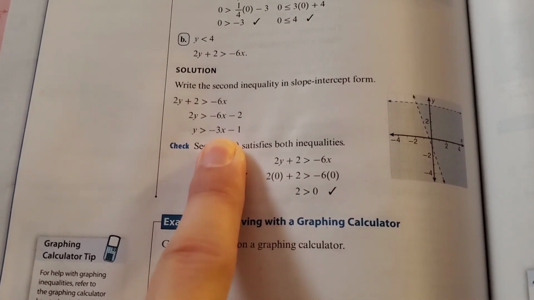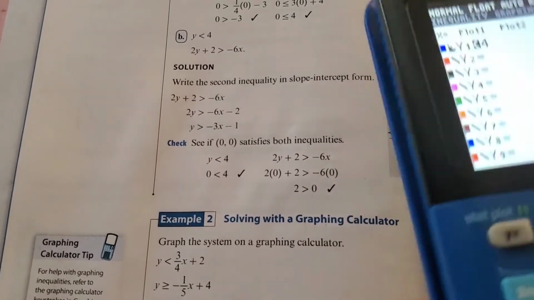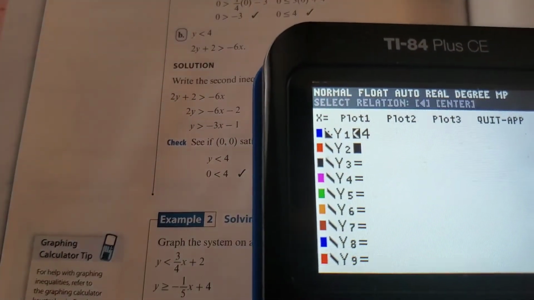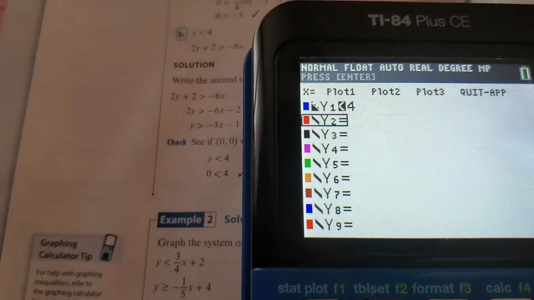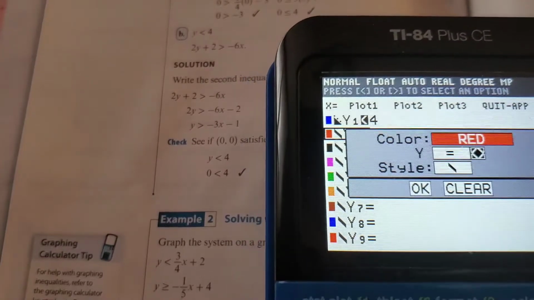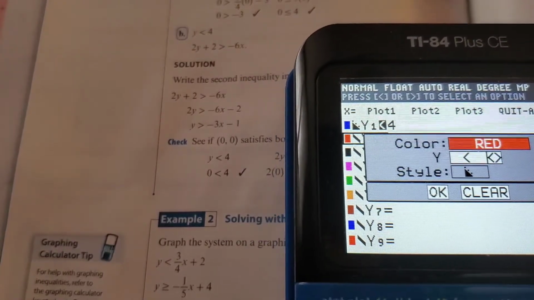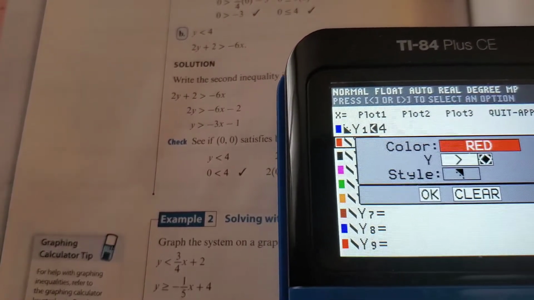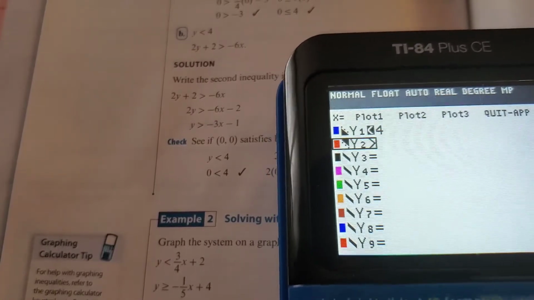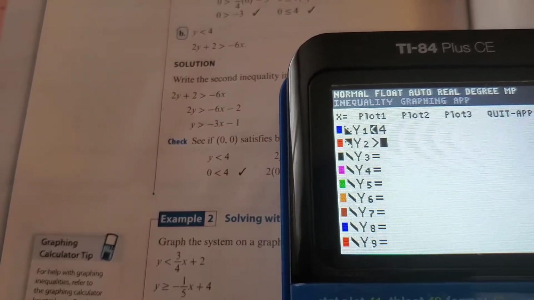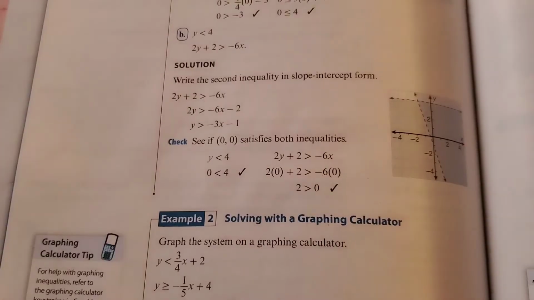So now, we're going to do the same thing. We're going to go into our calculator, right? We're going to put the back arrow key, put the inequality to make it less than. No, it's greater than, sorry. So greater than. Okay. Then you put negative 3x minus 1.